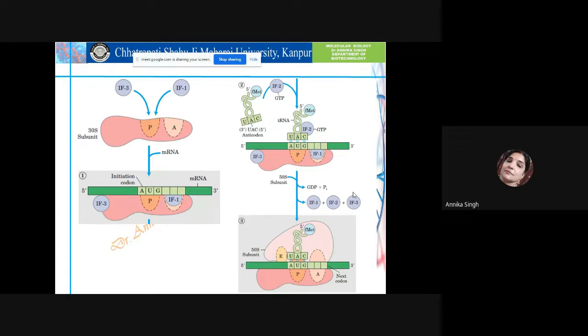So the overall error rate of protein synthesis is 1 mistake per 10 to the power 4 amino acids incorporated, and it is quite low. And if even after this a protein with an inappropriate sequence or a defective protein arises, then that protein is degraded and not passed on to the future generation.